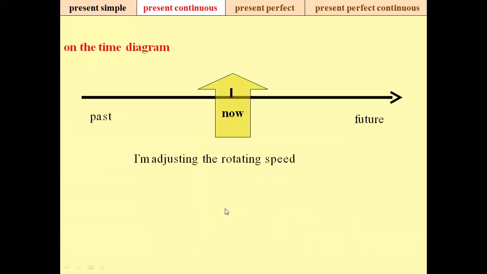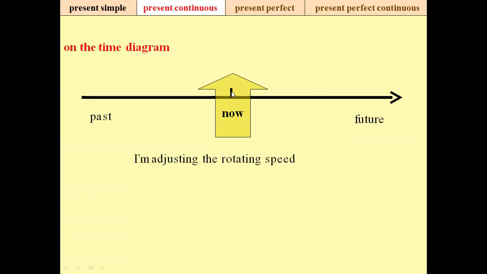Understand? So again, there is a time frame of the present continuous tense where we want to use it. See this sentence: I am adjusting the rotating speed. The present continuous tense is in between the past and future, but the main difference between simple and continuous present tense is that for the continuous present, this arrow is important, and it is exactly on the position of now.